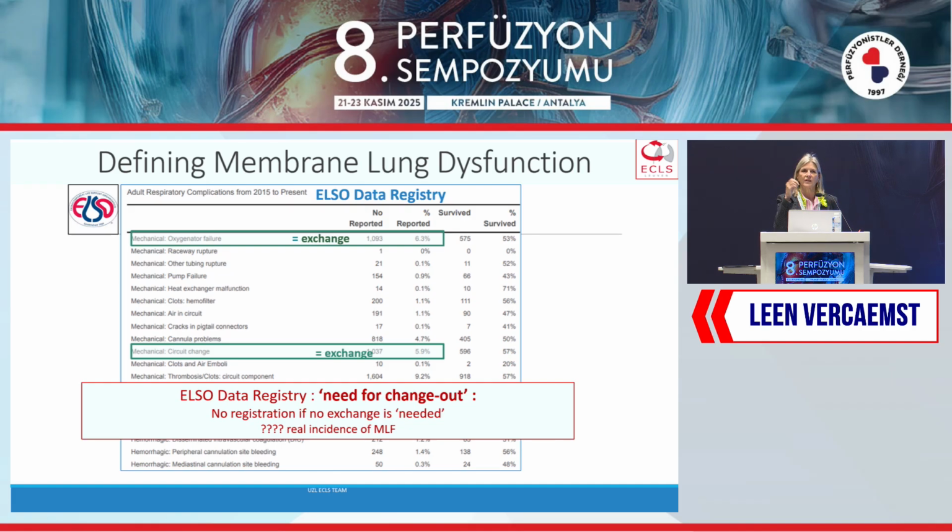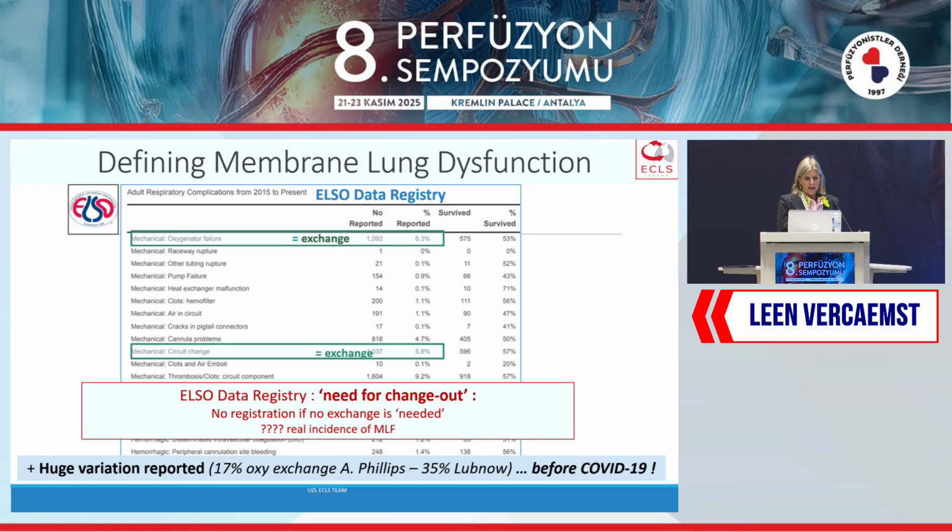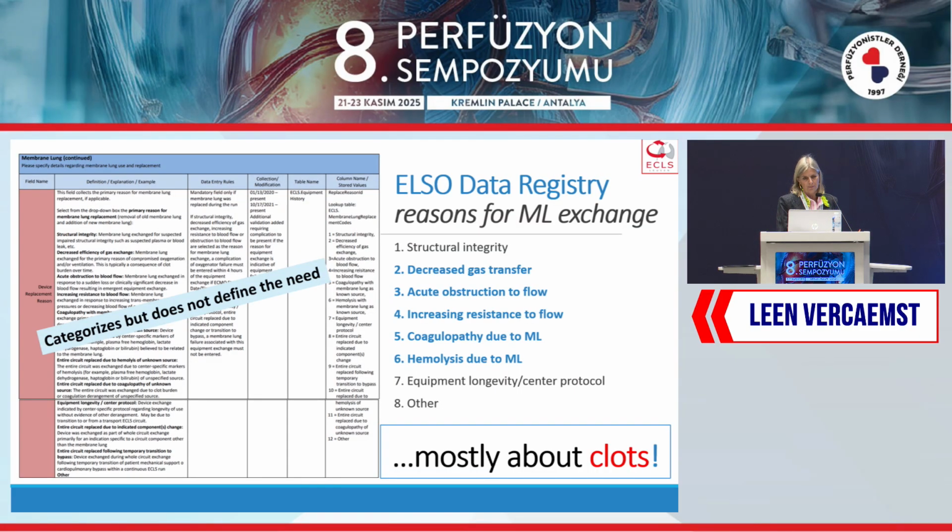And based on this, the registry gives you the complication of membrane lung failure. But it's actually a need to exchange. And there's a huge variation reported. It goes from 10, 15% up to 35, 40%. In some centers even more, a huge variation.